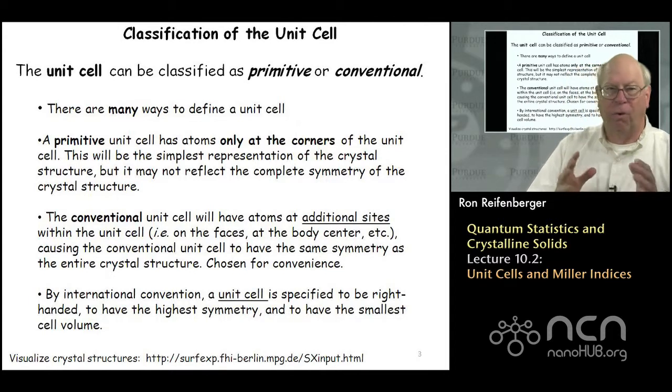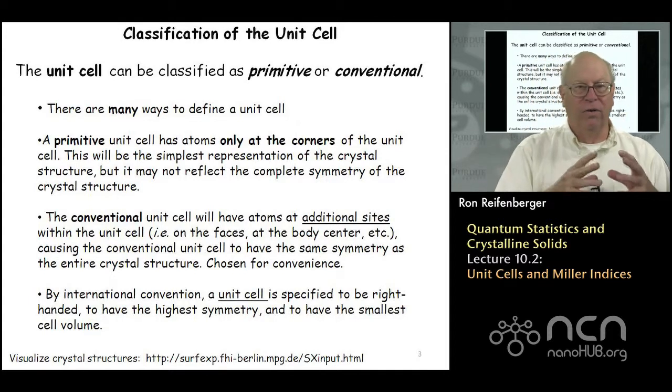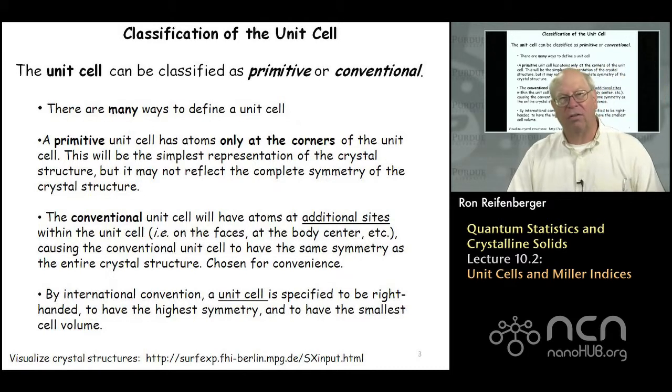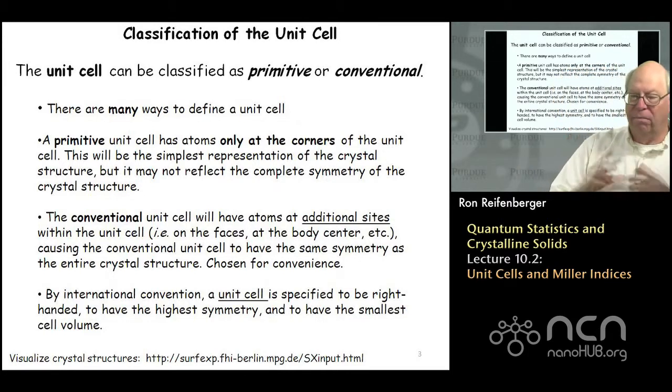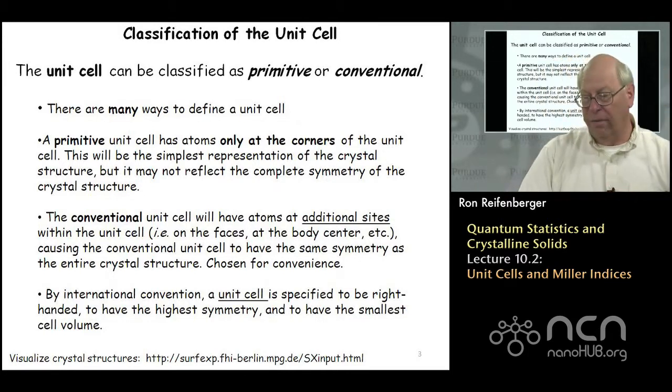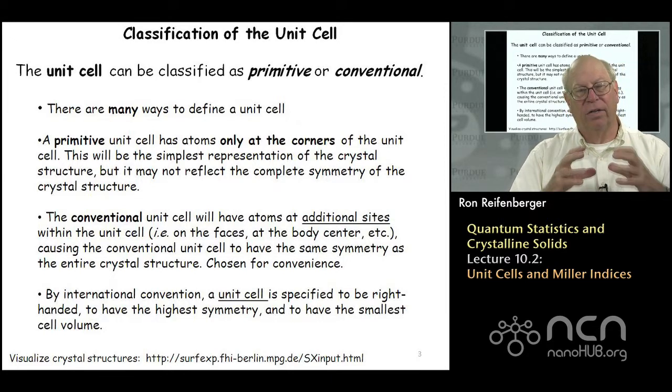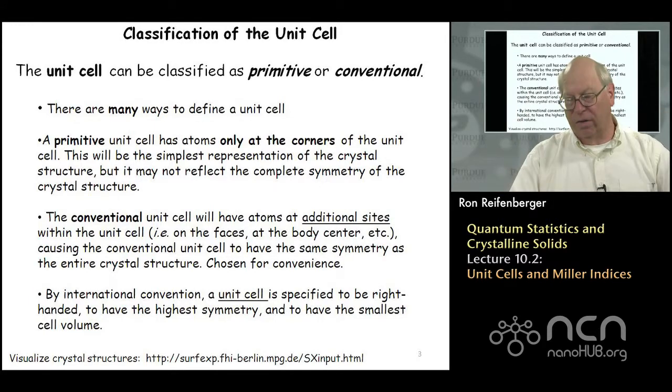And so it becomes important to define a unique unit cell, and that unique unit cell is referred to as the primitive unit cell. The primitive unit cell tends to have atoms only at the corners of the unit cell, and it's the smallest volume that is required in order to construct the crystalline solid.